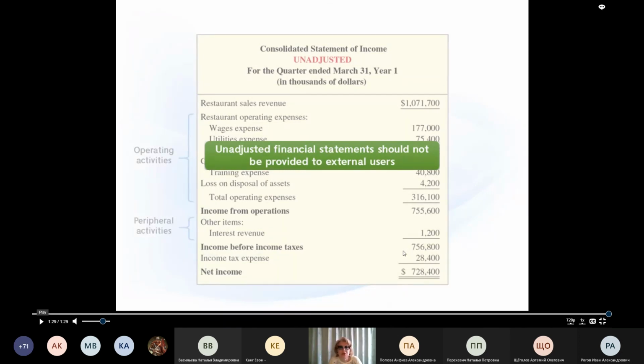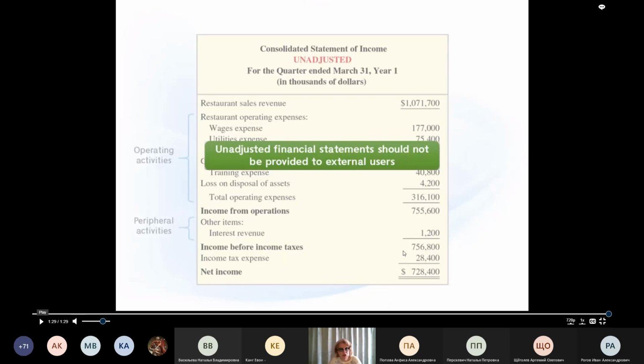So once we open the trial balance and before any kind of adjustments, we have the unadjusted trial balance. And about adjustments, we learn in the next topic, topic 4, how to complete the accounting cycle and how to provide financial statements for external users.